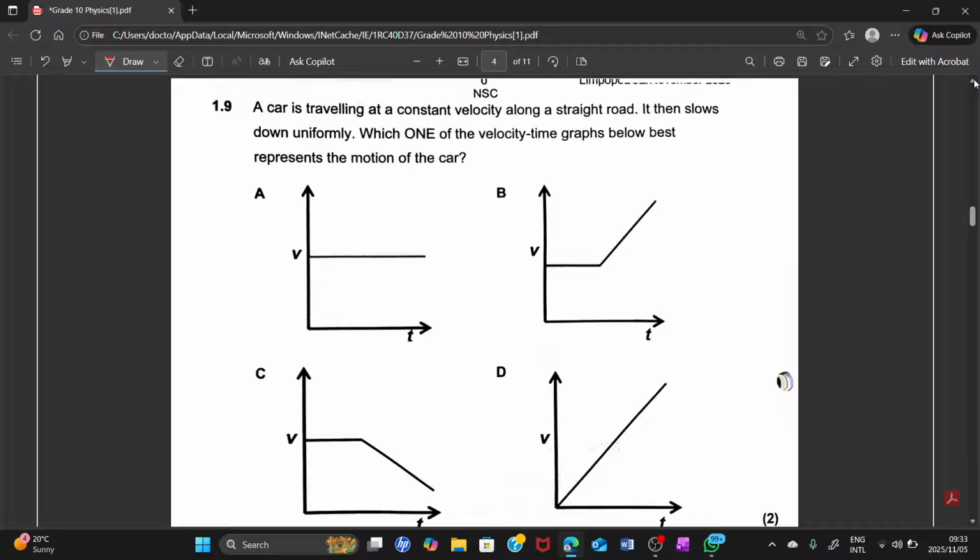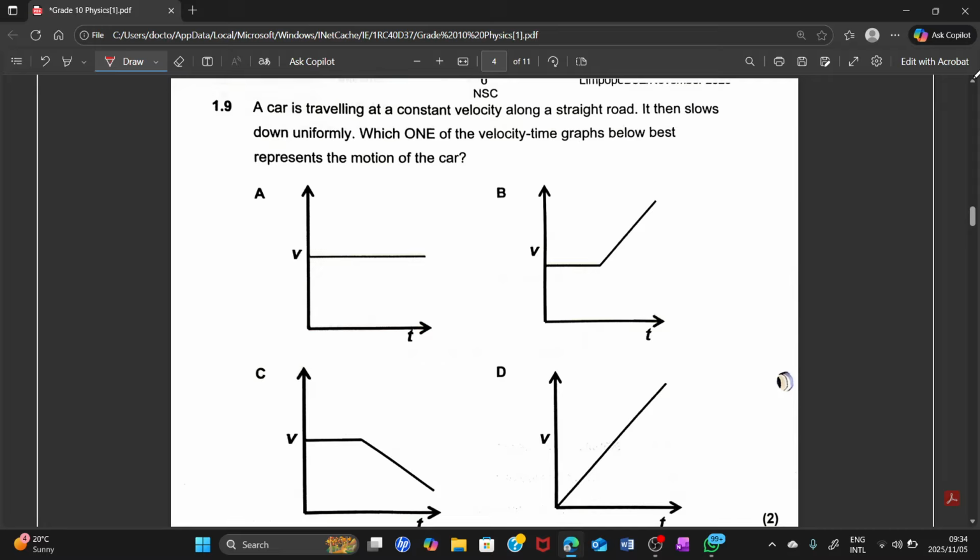Which one of the velocity versus time graphs below best represents the motion of the car? Remember, it is moving at a what? At a constant velocity.